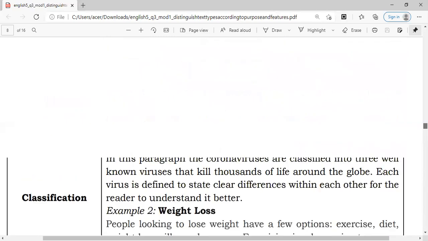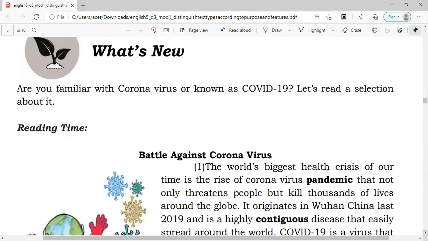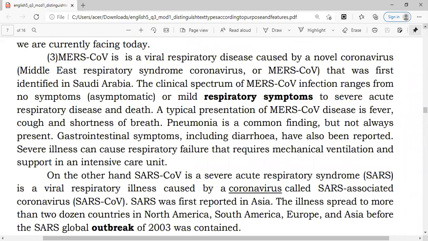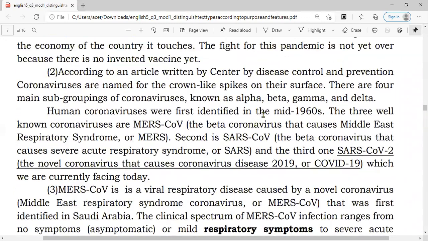Let's see, for paragraph 2, we have here 4 subgroupings and then three well-known viruses: MERS-CoV, SARS-CoV, and SARS-CoV-2.